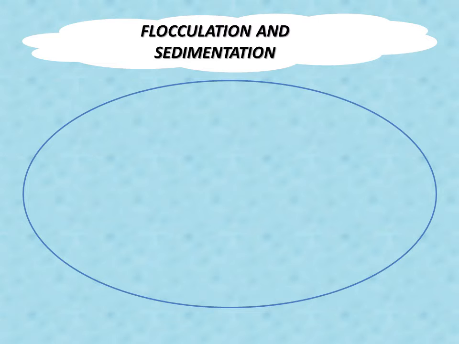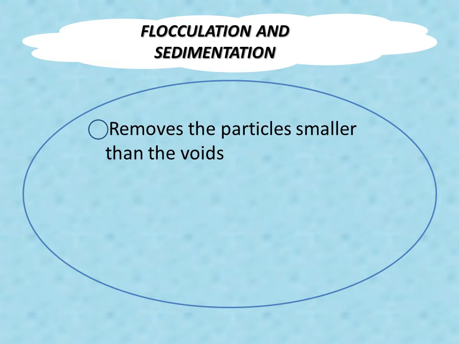So how do we clear them out? The thing is, here the voids act as a sedimentation tank. Now what is sedimentation? Sedimentation means the tendency of the particles to settle out. Here the particles are lesser than the voids of the sand layers.